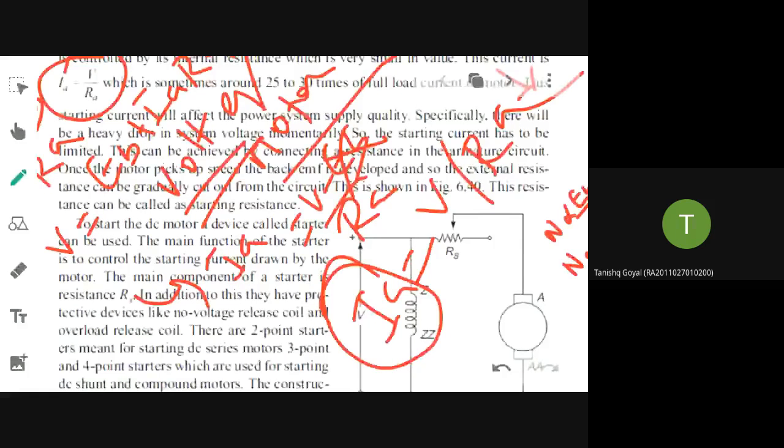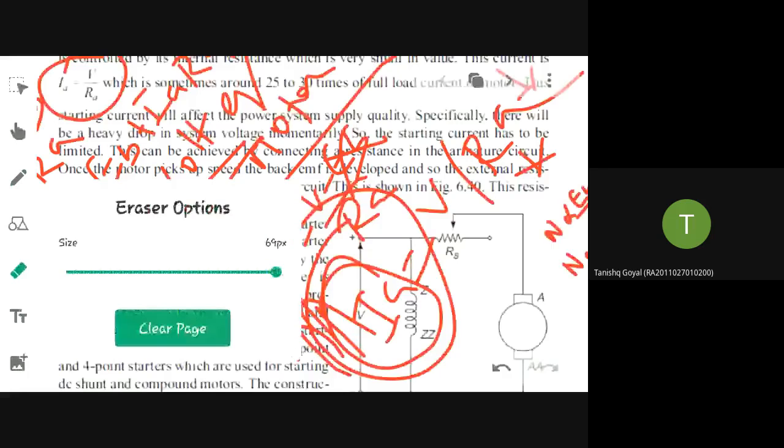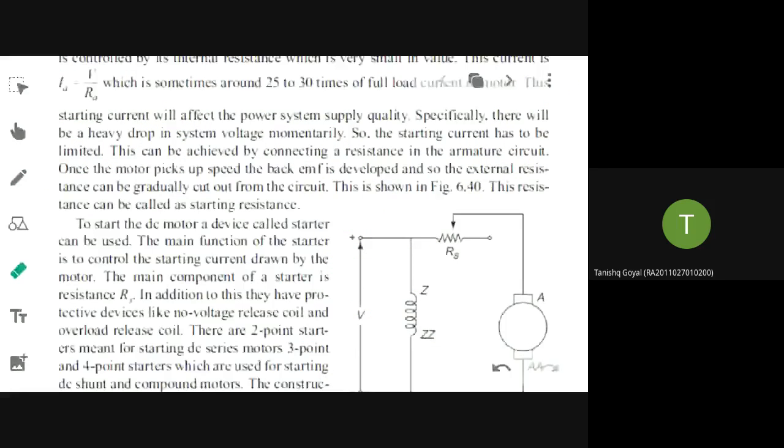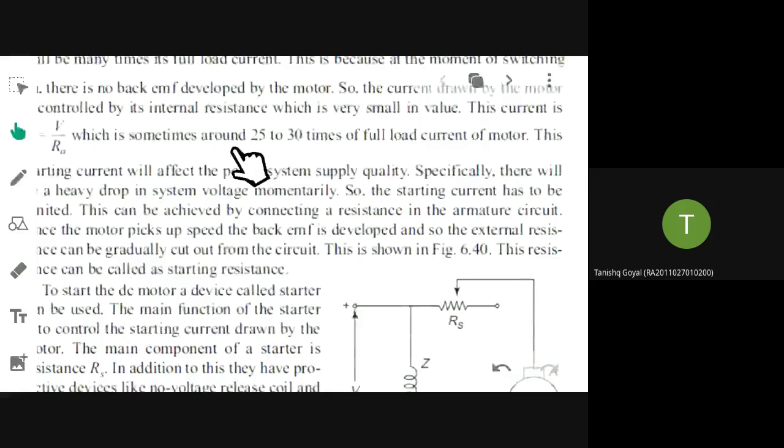Initially there is no back EMF, and the two are inversely proportional, so the current drawn from the supply will be very huge. About 25 to 30 times the full load current of the motor will be drawn. Suppose the rated value is 5 ampere, then 5 into 25 is around 125 ampere, or even up to 300 ampere, will flow.